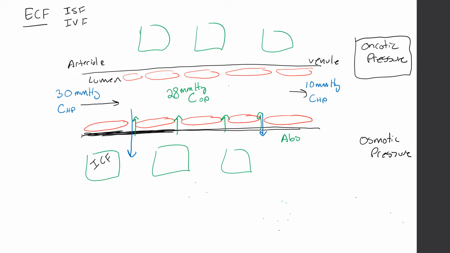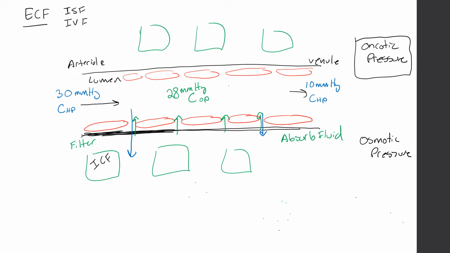So we'd probably absorb fluid here on this end, and we would filter on the arterial side. And that's actually what happens, but this is not the entire story because we do have to account for what the pressures are in the interstitial fluid, because this interstitial fluid that surrounds these green cells that I drew here also exerts a force.